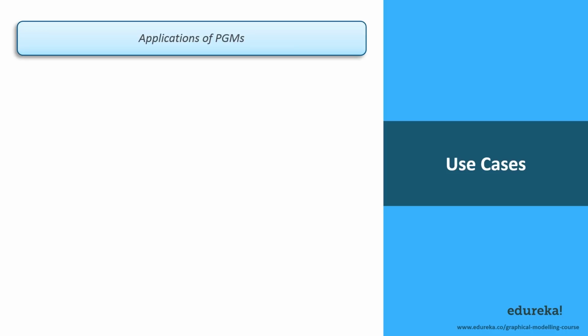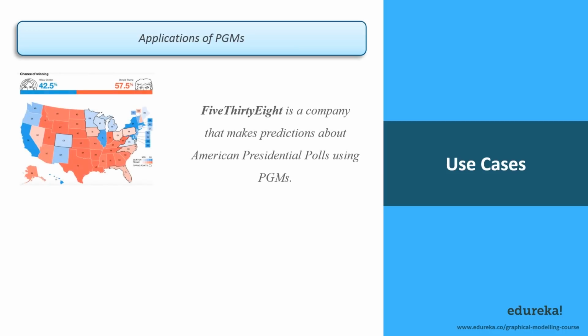If you're interested in politics, PGMs can also apparently infer America's poll predictions. Have you ever heard of the name Nate Silver or 538? 538 is a company that makes predictions about American presidential polls using PGMs. The opinion polls, news articles, prior knowledge, candidate history, etc. are taken as input.